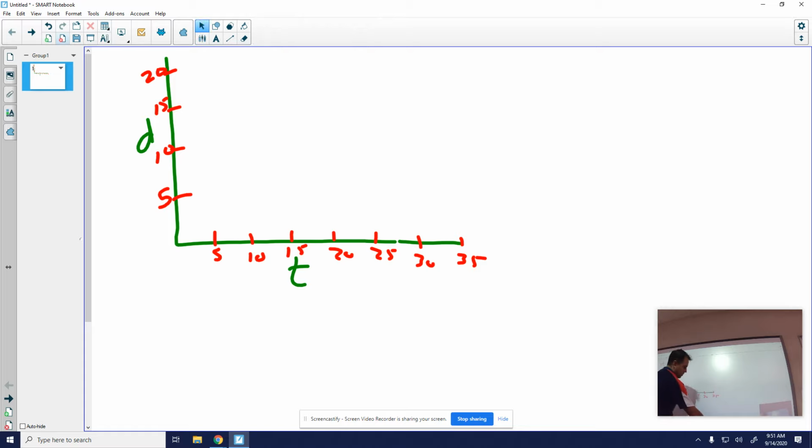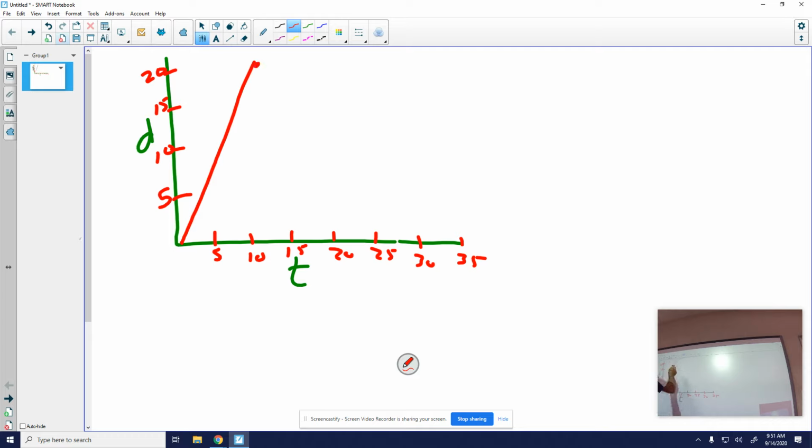That means it's going to take us 10 seconds to go the 20 meters. Hopefully you can figure that out in your head: if every second we walk 2 meters, by 10 seconds we will have walked 20 meters.